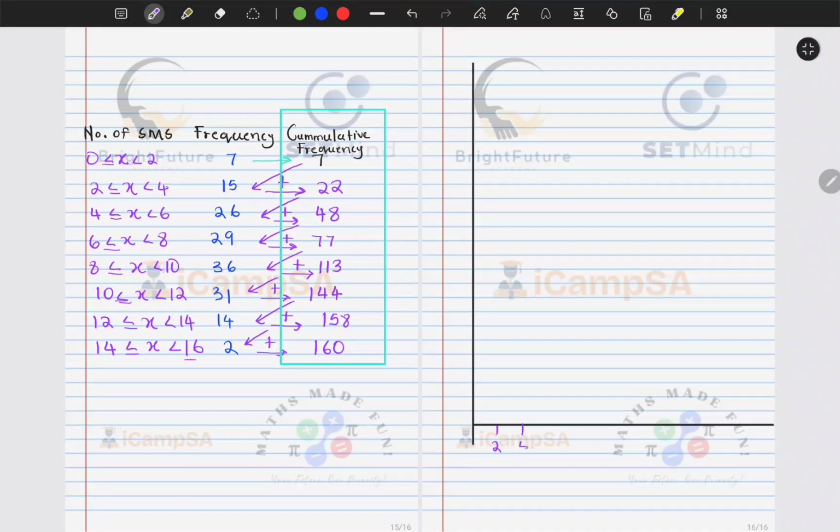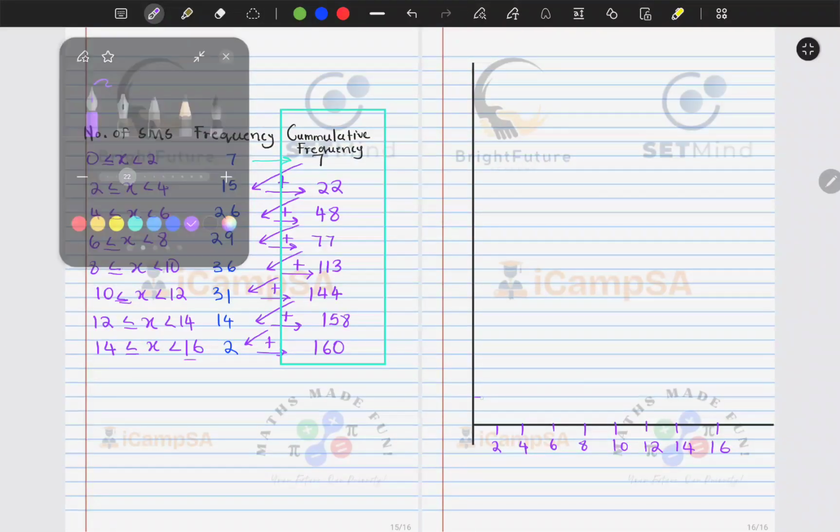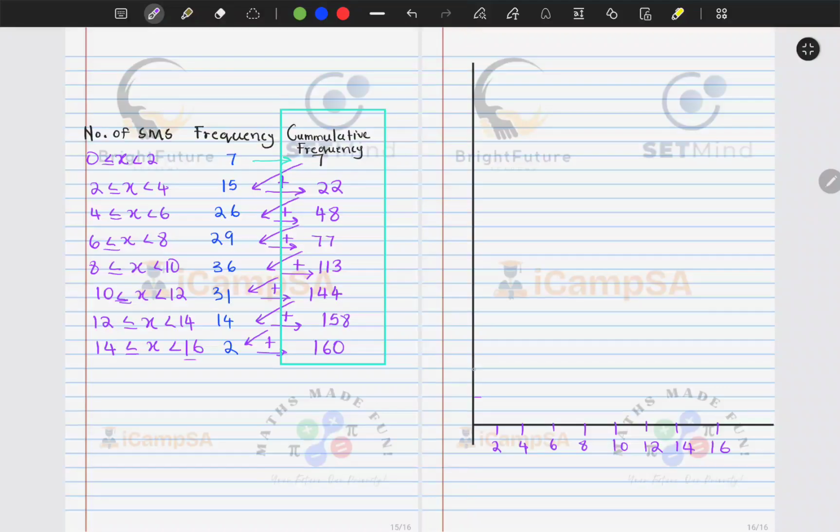So we can have 2, 4, 6, 8, 10, 12, 14, and then 16. And then going up, what I'm going to do is tens. So I'm going to have 10, 20, 30, 40, 50, 60, 70, 80, 90, 100, 110, 120.